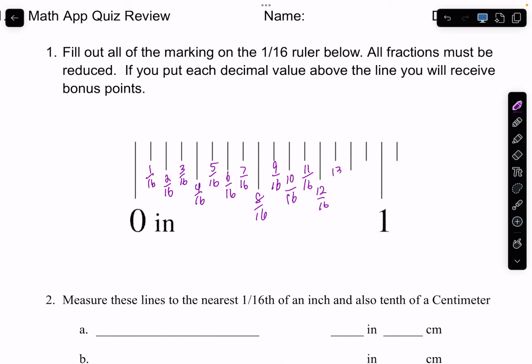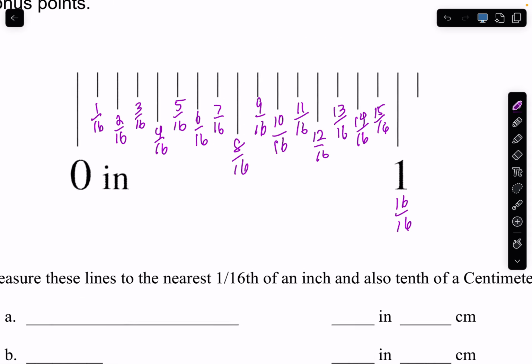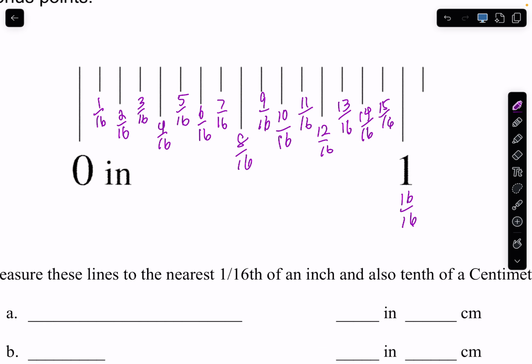Now obviously this inch is blown up so that you can fit all those in there. The last one right before you get to 1 should be 15/16, and then 1 is 16/16. So if you could fill those in like I have done there, I'd appreciate that.